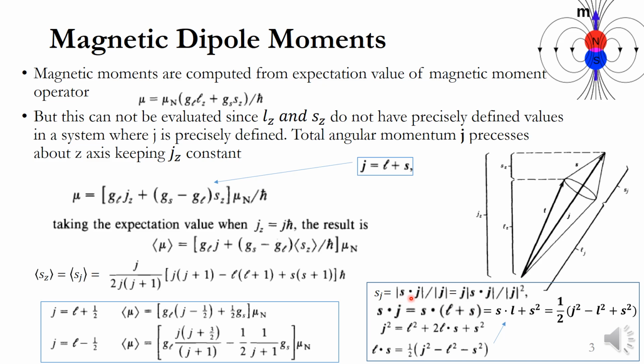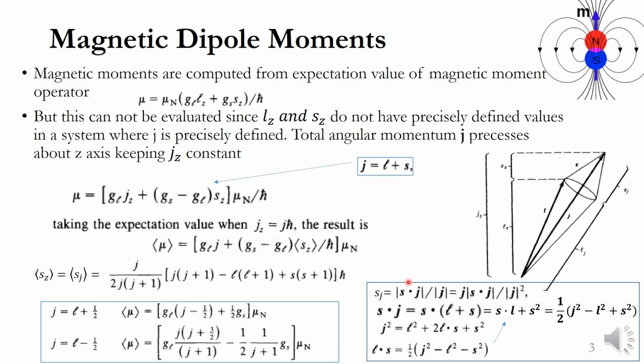Now the expectation value of S dot J is the expectation value of J into the expectation value of S dot J divided by the expectation value of J square.